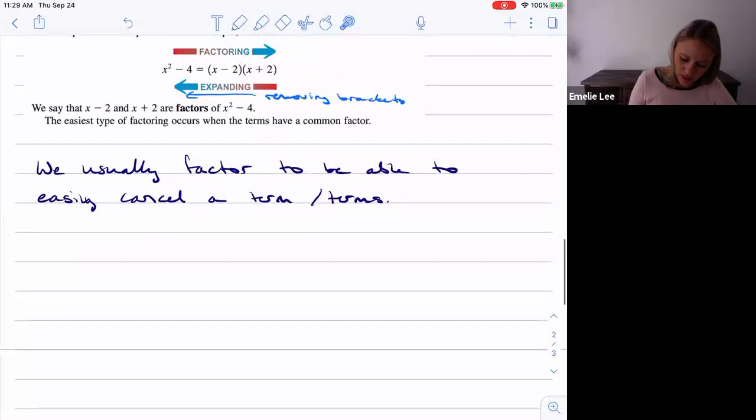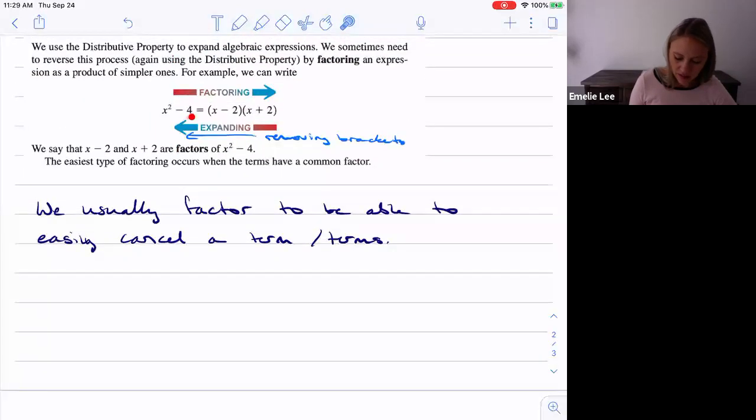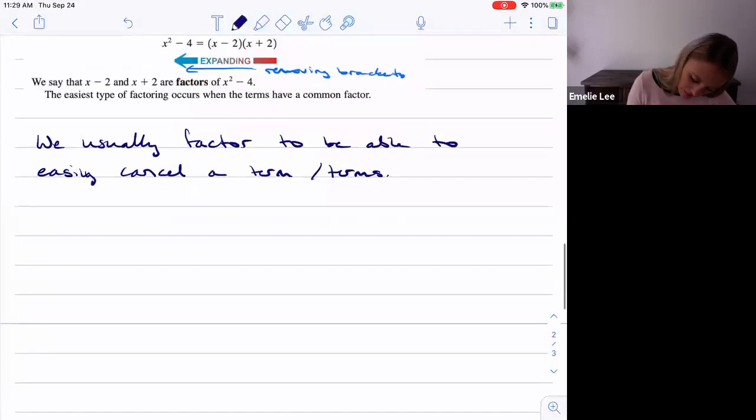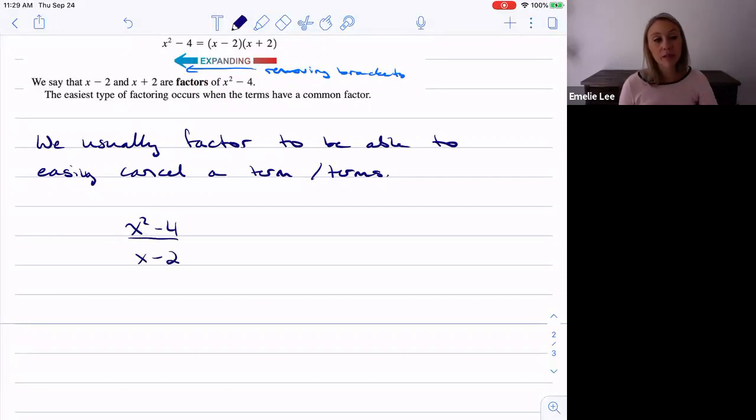So if we just have a look at this example, which already has been factored, just to illustrate how the canceling would work, if I have something like x squared minus 4 over x minus 2, there's a lot of illegal math that could happen here, right?